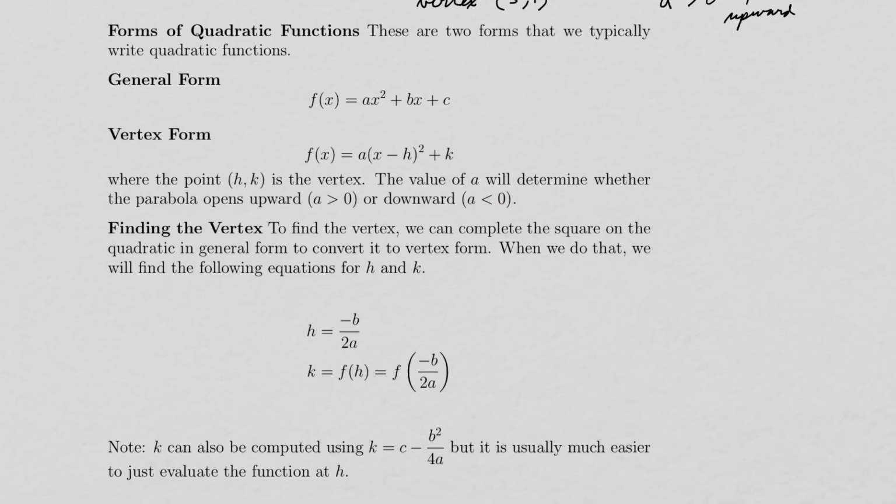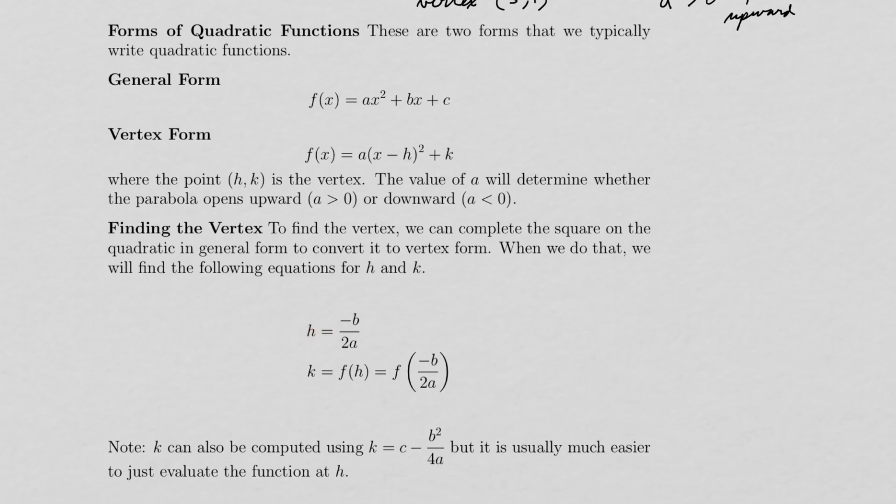And again, by completing the square, you can show how to find the h and the k values. If I go back to the general form here, the h is given by minus b over 2a. So if I use the coefficients from the general form, I can find the value of h, which is the x coordinate of the vertex.